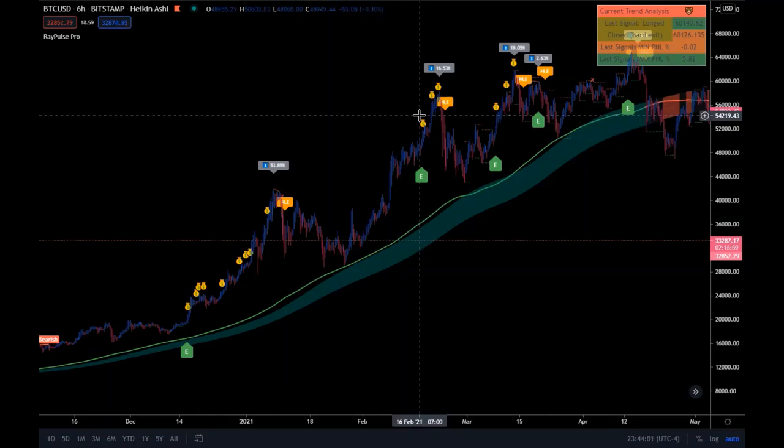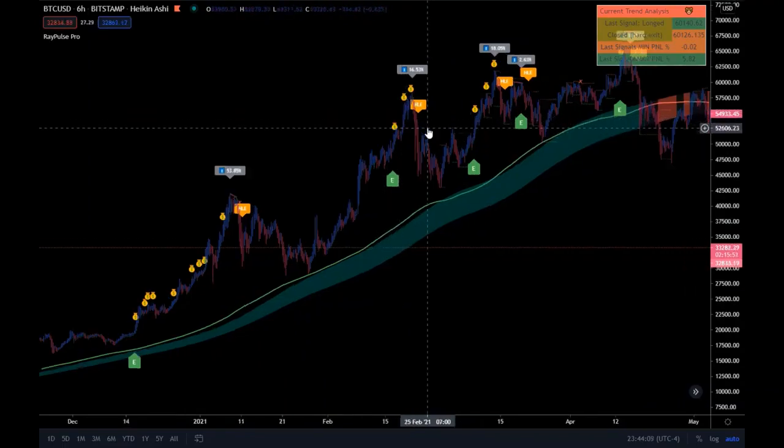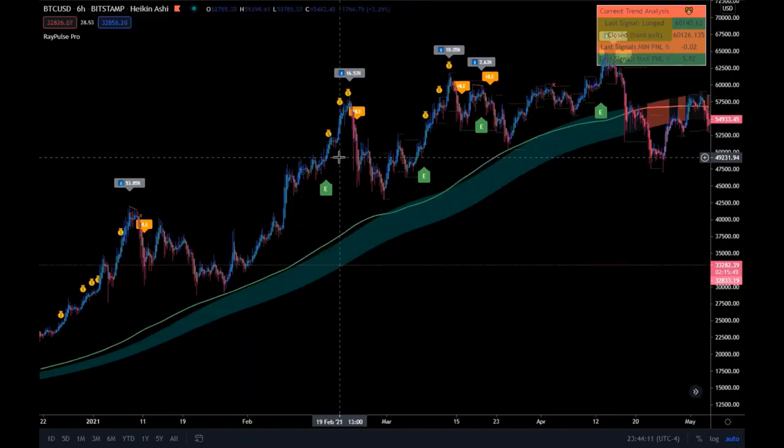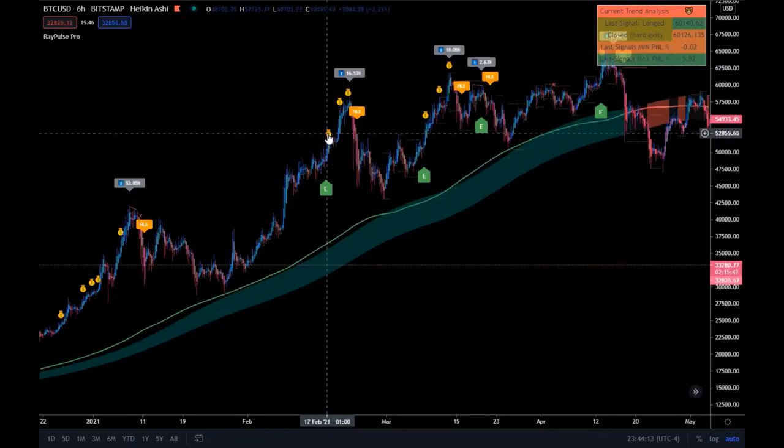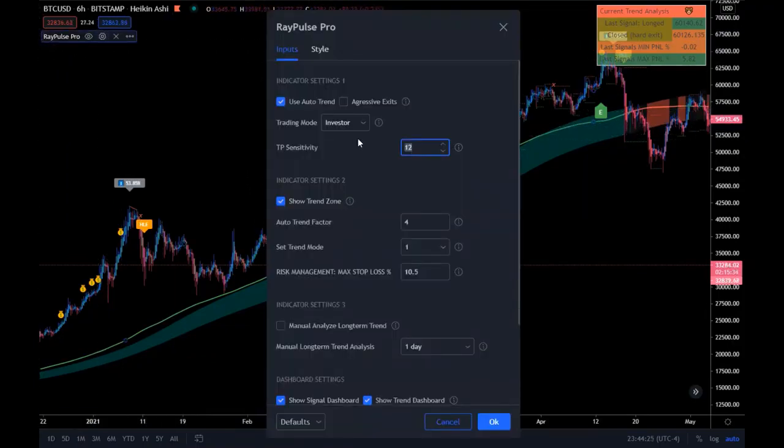Since I've already mentioned it, we'll go ahead and discuss the take profit signals, which are represented by these money bag icons. So not all signals will give take profits. However, when you do see the take profit signal, it's generally a great place to do so. Your take profit sensitivity can be adjusted in the settings by adjusting this number.